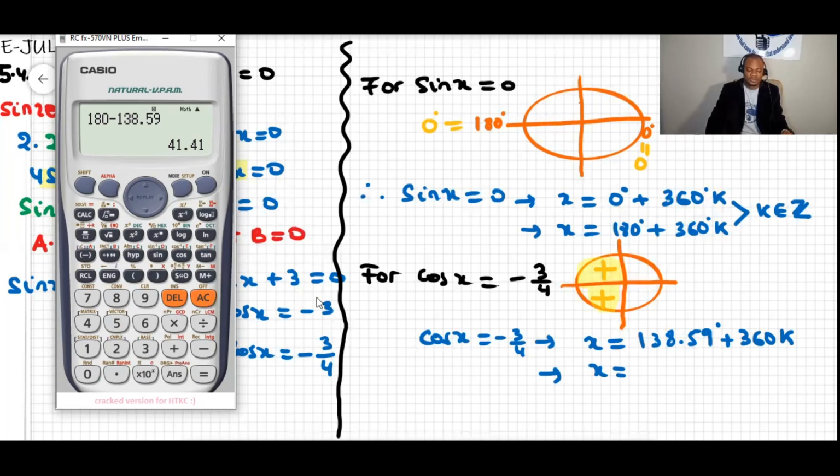So now the reference angle is what I'm going to add to 180 to get the value of cos in the third quadrant.